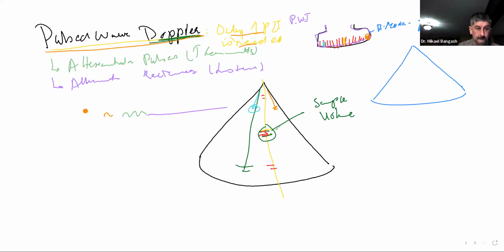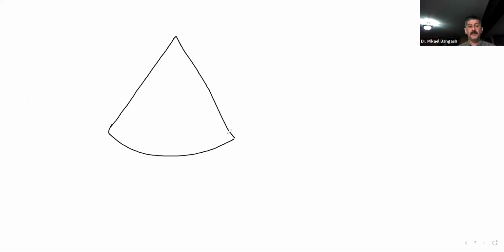Now, one thing. Let's just put it this way: say this was your B-mode image. Here we have the transducer, whichever. And let's just say that this was our PZT that was used for our pulsed wave Doppler.